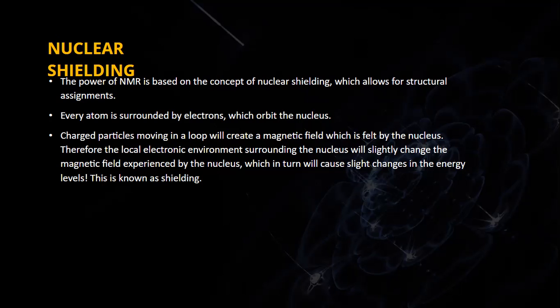Therefore, the total electronic environment surrounding the nucleus will slightly change the magnetic field of the nucleus, which in turn causes slight changes in energy levels, and this is called nuclear shielding. Nuclei that experience different magnetic fields due to local electronic interactions are known as inequivalent nuclei. The change in the energy levels requires a different frequency to excite the spin flip, and creates a new peak in the NMR spectrum.